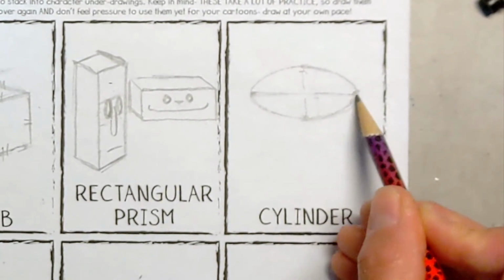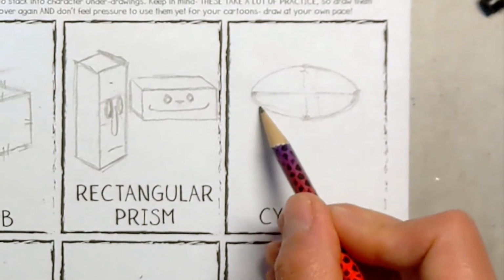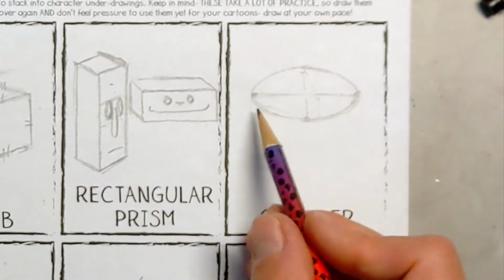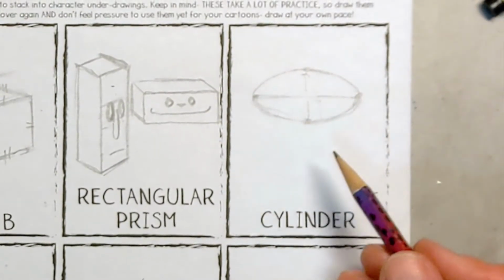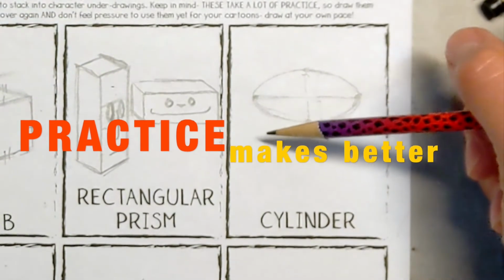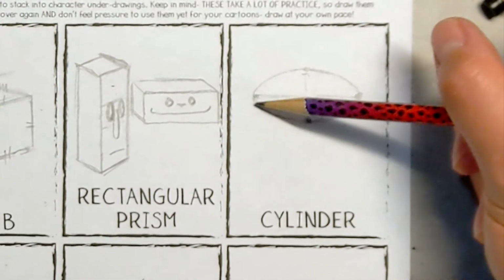Now I like to really sketch these out, so I'm roughing it out, and it's a little tricky to do. So like I said, give yourself some leeway to practice that. You'll develop a better eye for it the more cylinders you draw.